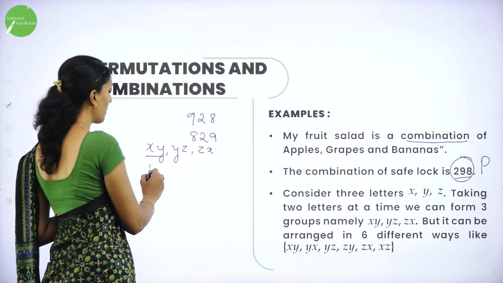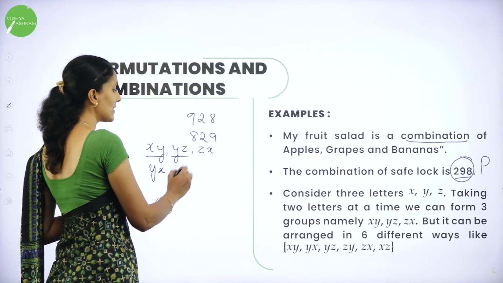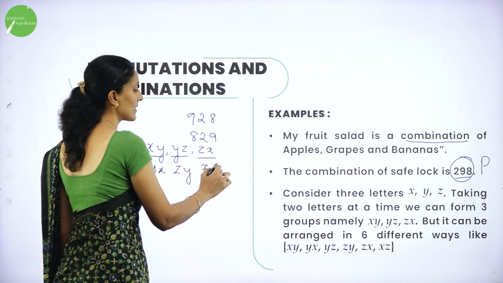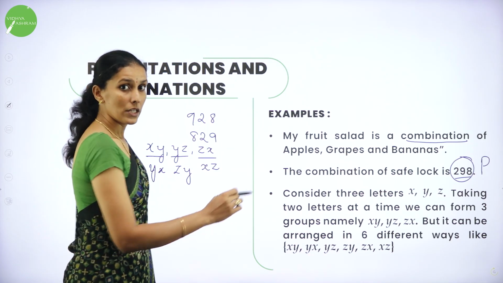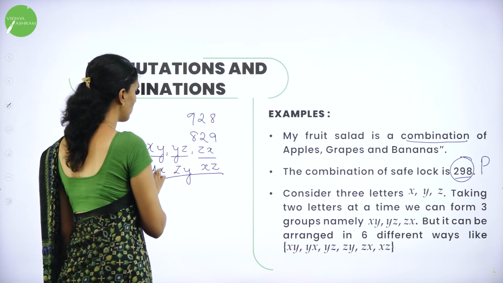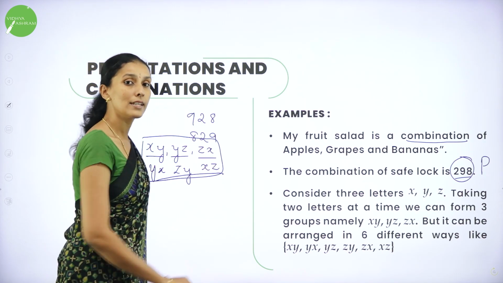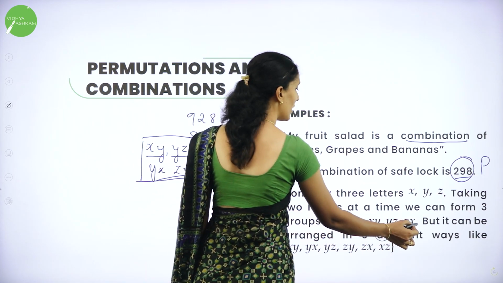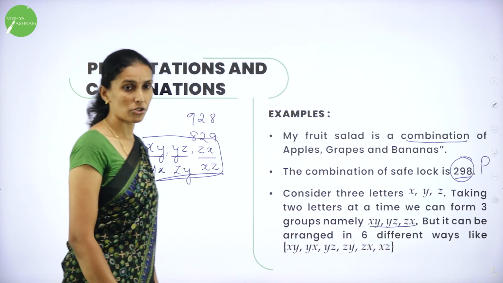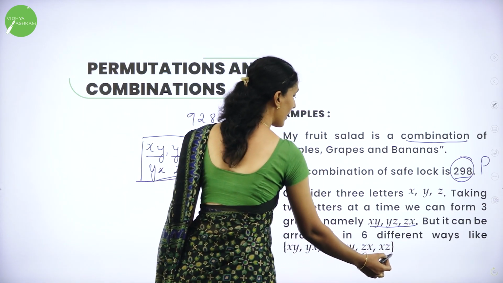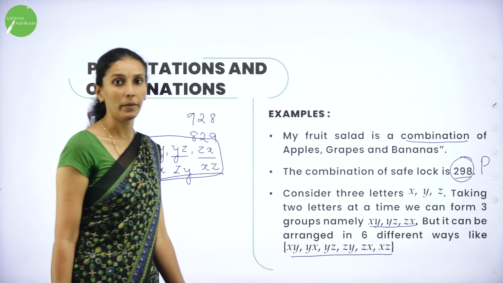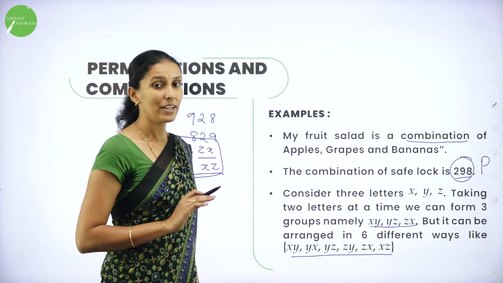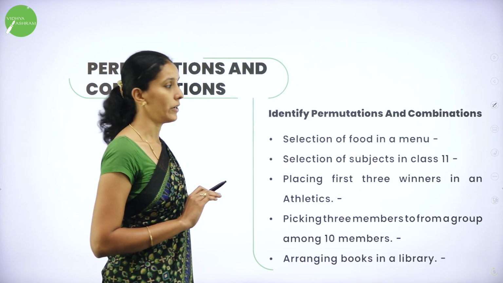Suppose XY can be written as YX also, YZ can be written as ZY also, and ZX can be written as XZ also. This is nothing but arrangement, that is permutation. However you choose any two letters, this is combination. You have to arrange it in a different way, this is permutation. So choosing the things is nothing but combination, arranging the things is nothing but permutation.